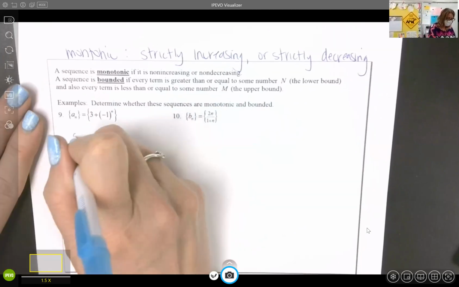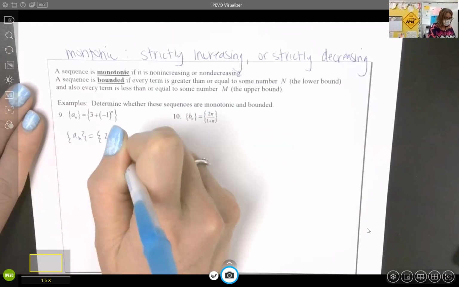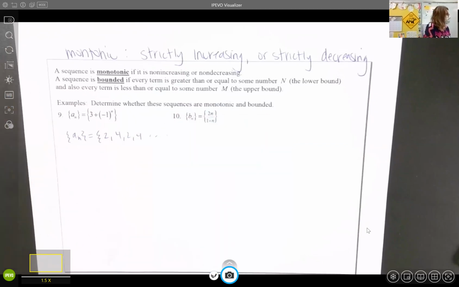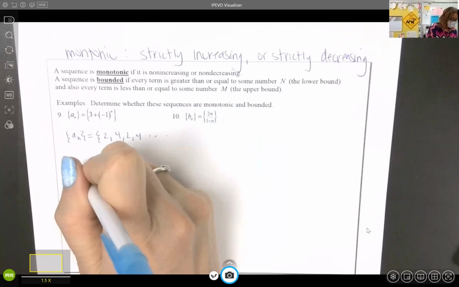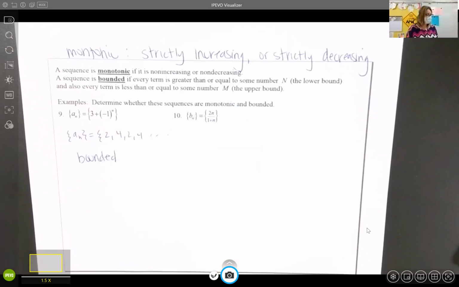So I know that this one goes 2, 4, 2, 4, dot, dot, dot, okay? So the lowest number it's ever going to be is what? 2. And the highest number it's ever going to be is 4. So this is bounded. Okay? It is bounded because there is a low and a high.